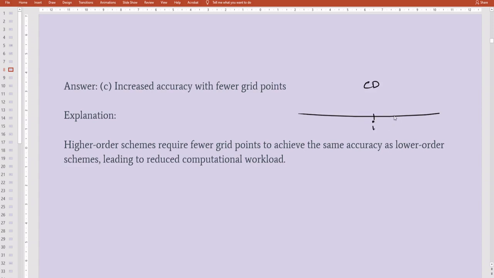So this is I plus 1. In central differencing scheme, to get a higher accuracy, in most of the conditions we will be moving up to 5 neighbors.